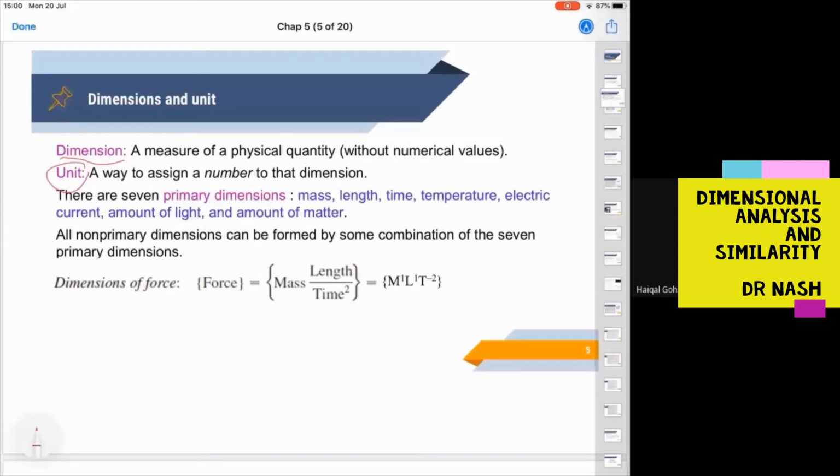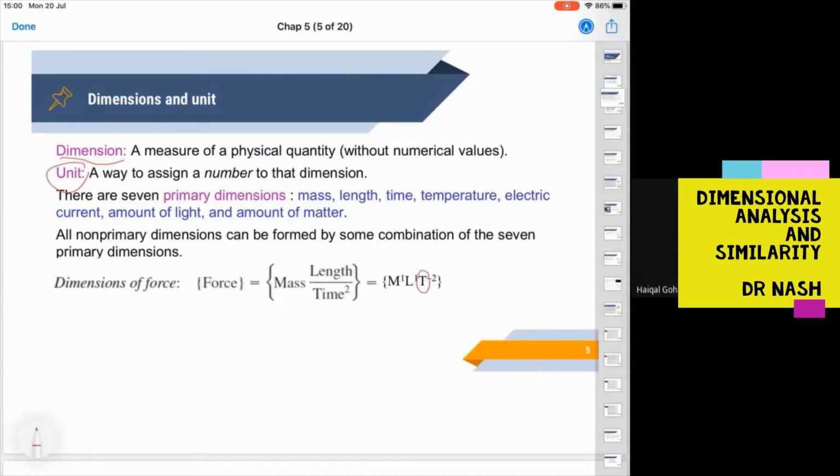Dimension for temperature adalah lain. Kalau contohnya lagi, contohnya sekarang pukul 3 petang. So 3 petang time kan, so kita ada second, unitnya adalah second, s. But for the dimension untuk time adalah T, big T.